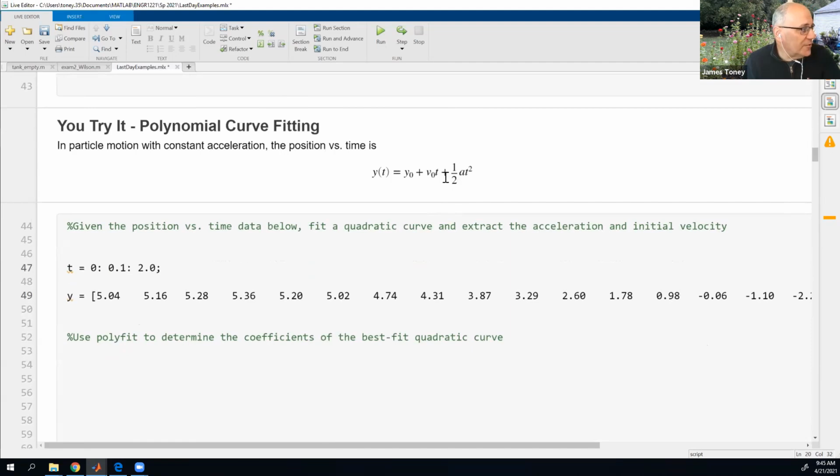So the first coefficient is going to be 1/2 A. To get A, you take that first coefficient and multiply by 2. And then the second coefficient is just the initial velocity, which is what we're asking for. So use polyfit to fit a quadratic to this data, and extract those first 2 coefficients to get the acceleration and the initial velocity.